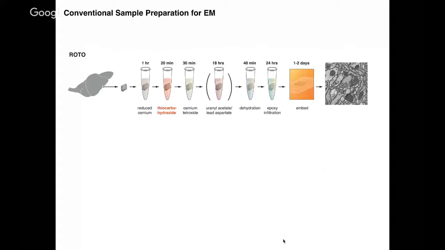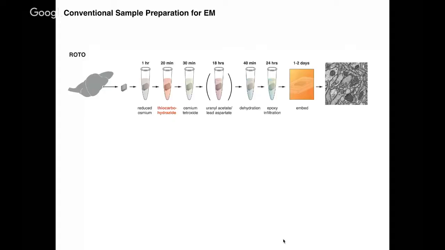And in this type of sample preparation, it always uses this reduced osmium type of stain, which is shown here. So the idea is that you have a mouse brain, you extract a small area of the brain, and you put it into reduced osmium solution. And then there were some variations on this of what you did afterwards.